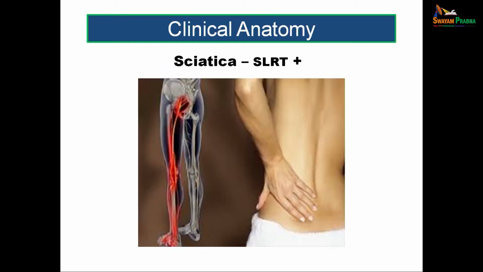In the initial part of the lecture we spoke about sciatica, the doctor diagnosing the condition as sciatica. What is this sciatica? Sciatica is compression of the sciatic nerve roots in the lumbar region or the sacral region as they are emerging from the vertebral column. One condition resulting in this can be disc prolapse.